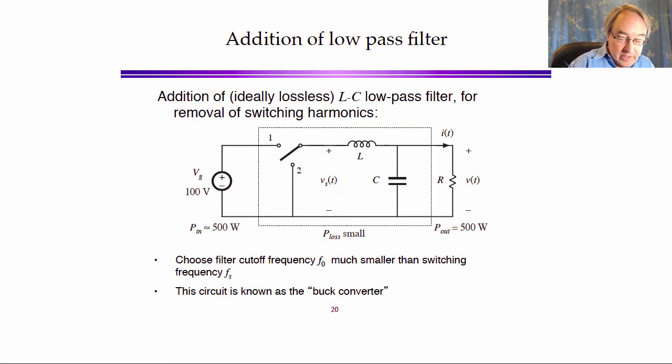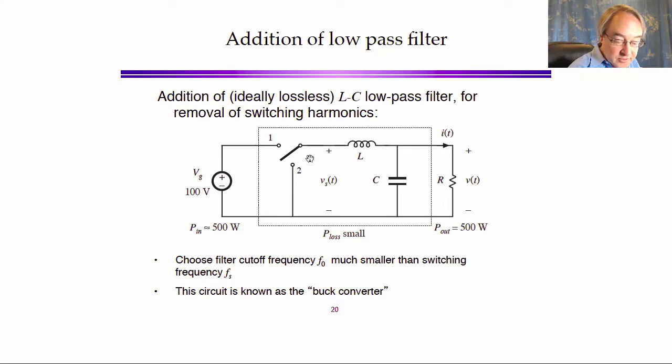Generally, we don't like to have that switched voltage appear across our load, so we will put in a low-pass filter. And here's an LC low-pass filter that can be put in. If we design this filter correctly so the cutoff frequency is much lower than the switching frequency, this filter will pass the DC component, but it will reject the switching frequency and its harmonics and not let them pass through to the load, so that the output voltage is smooth and essentially is just the DC component of 50 volts.